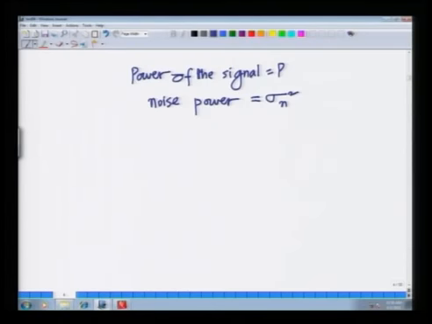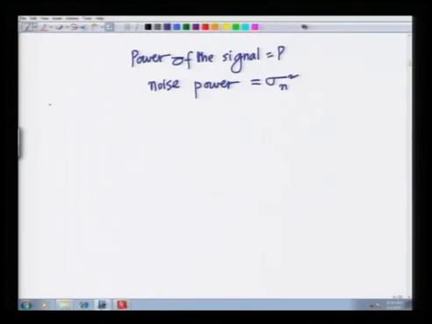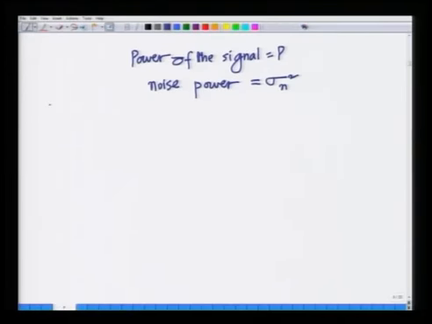So, power of the signal equals P, noise power equals sigma n square, and now remember that the channel is given as y equals h x plus n. So, what is transmitted is multiplied by a fading coefficient and received in the presence of noise.